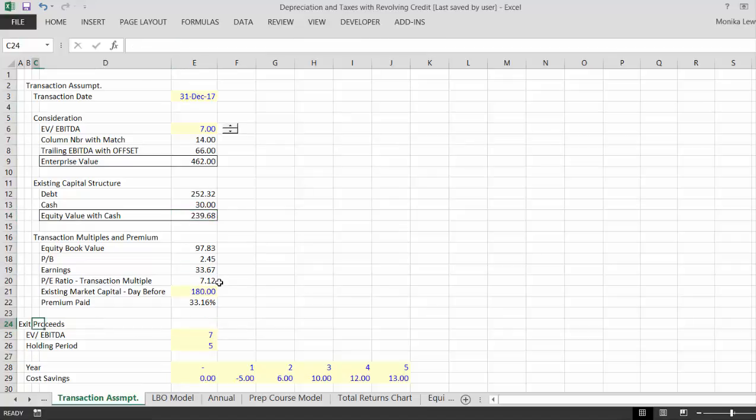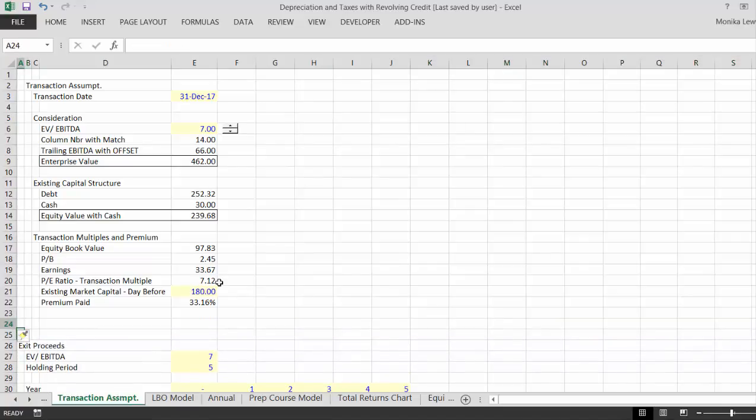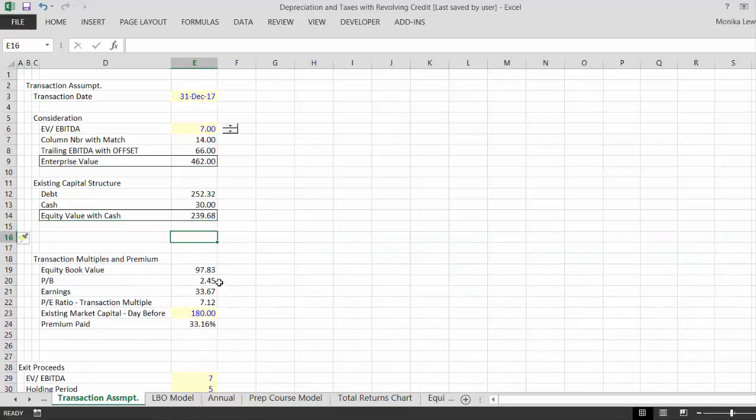And then I think what we really need to do is put the final equity consideration without cash. That's how much we're going to pay them if we don't.